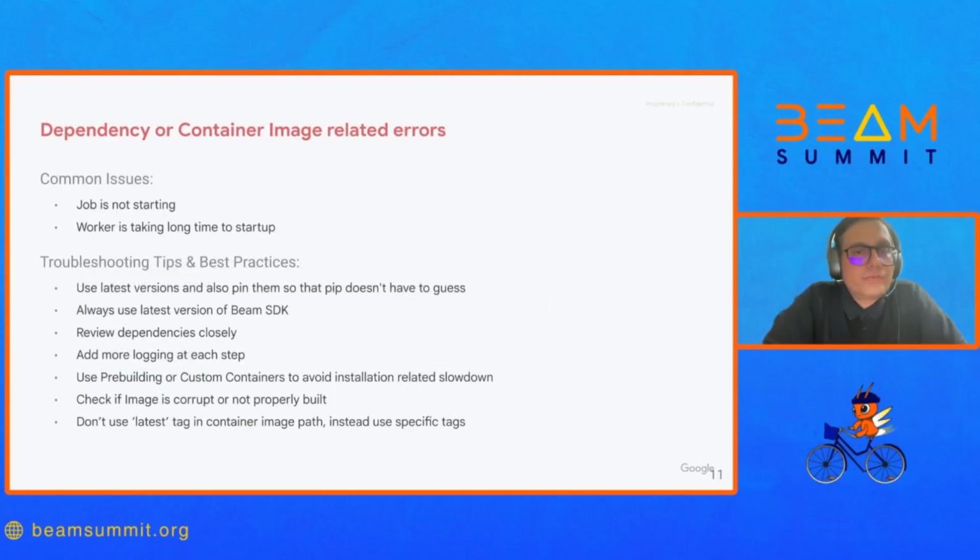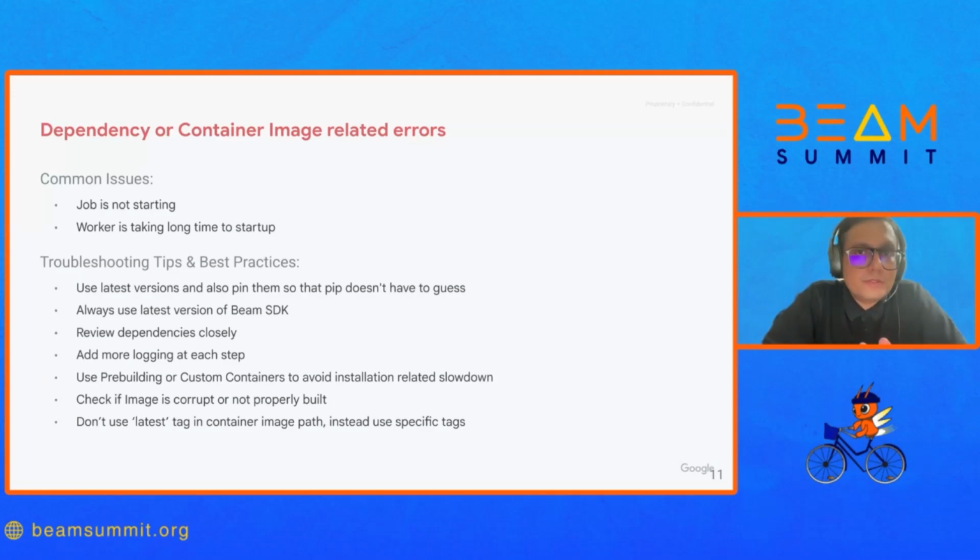After going through the different RunInference related issues, coming to the non-RunInference related errors, common issues could be that the job is not starting, or the job is starting but the workers are taking a long time to start up. Watch the worker startup logs closely for any errors or warnings related to these kinds of issues.